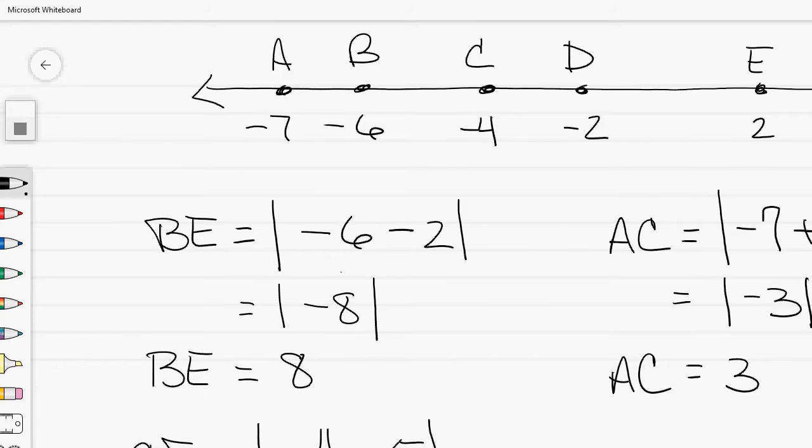And you need to remember the formula that the distance between 2 points is equal to the absolute value of the difference of the points. You just subtract their coordinates and you write down the positive version of that number. Clear? All right. Any questions on finding the distance between 2 points on a number line?